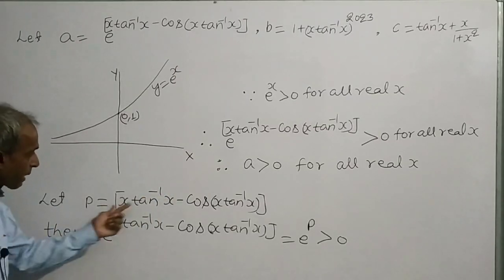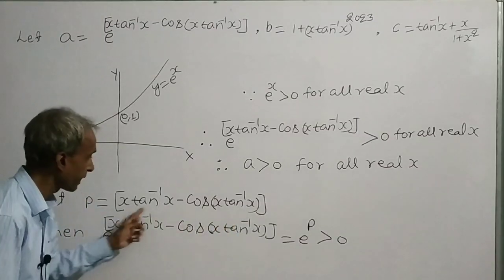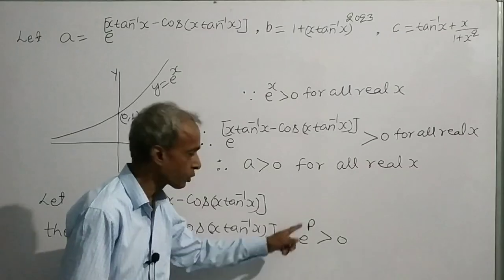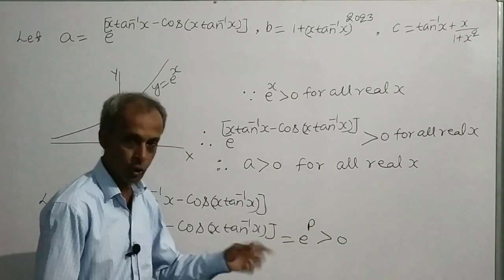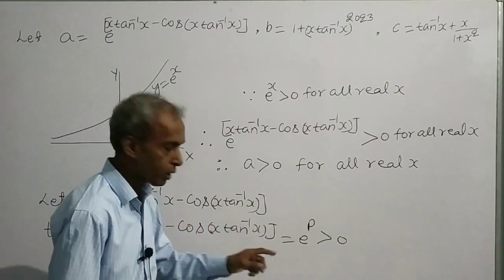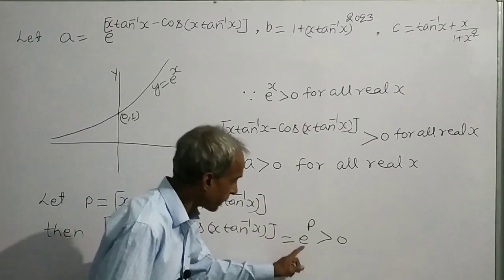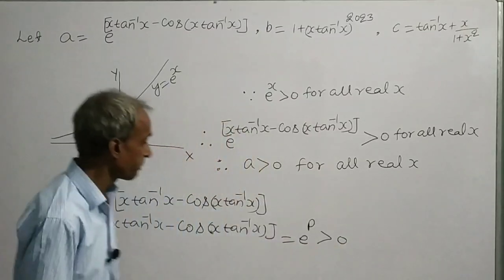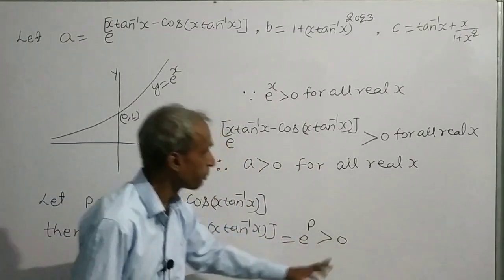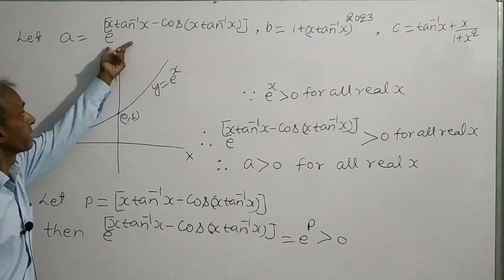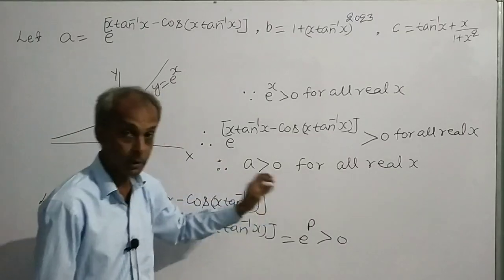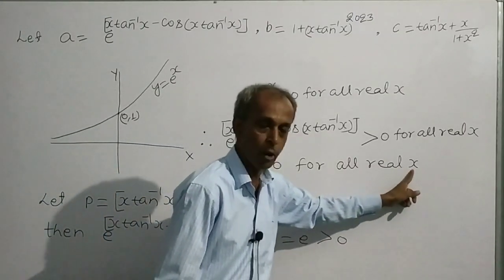Therefore, e to the power this lengthy expression will be equal to e to the power p, and we know that when we put any number in the power of e, the result is always positive. Therefore, e to the power this expression will be positive. That means A will be positive for all real values of x.